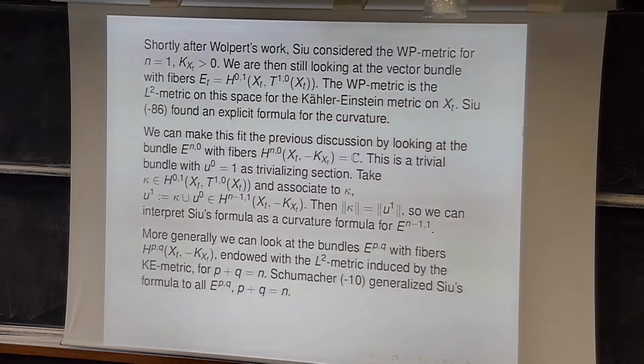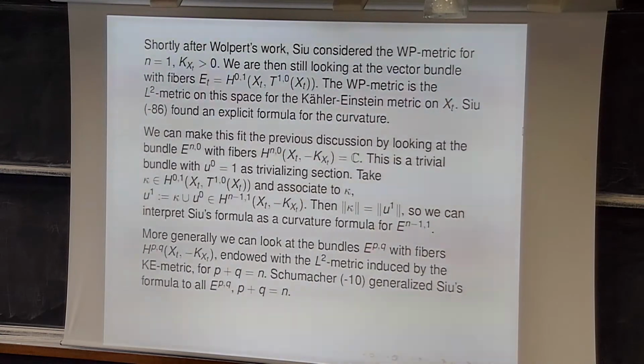Yes. So, this now suggests that you look not only at that one, but you look at E^{p,q}. So it's a bundle whose fibers are H^{p,q}, with values still in the negative of the canonical bundle. And you endow it with the L2 metric that you get from the Kähler-Einstein metric, the Kähler-Einstein potential on this. And we are also assuming that p plus q is equal to n now.